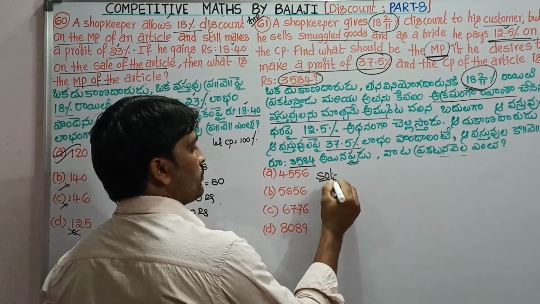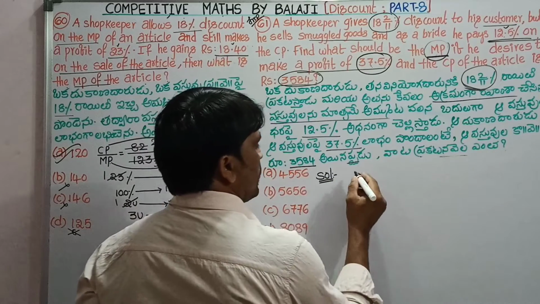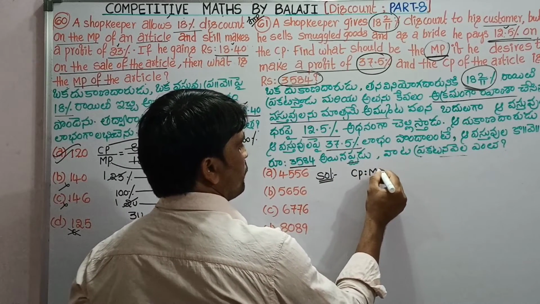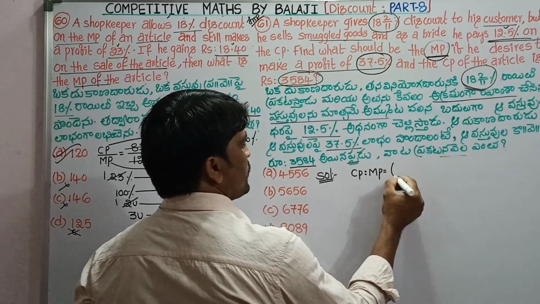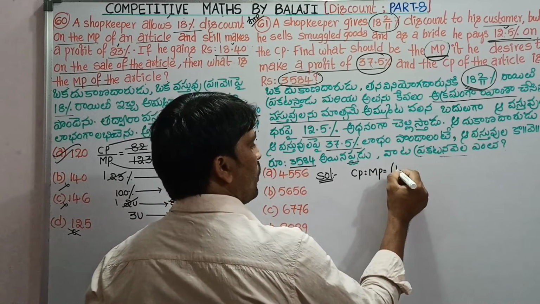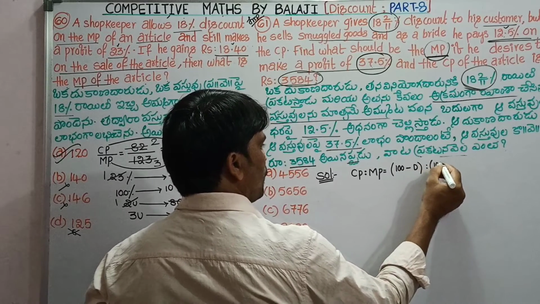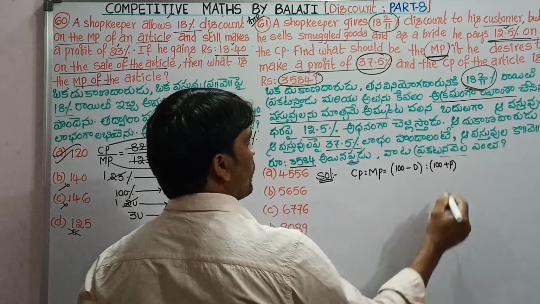Solution. Consider the cost price to market price ratio, which is given by the formula 100 minus D is to 100 plus profit.